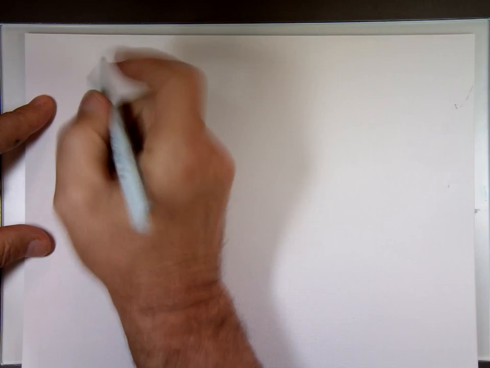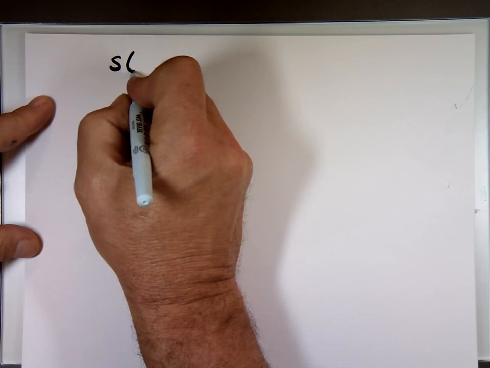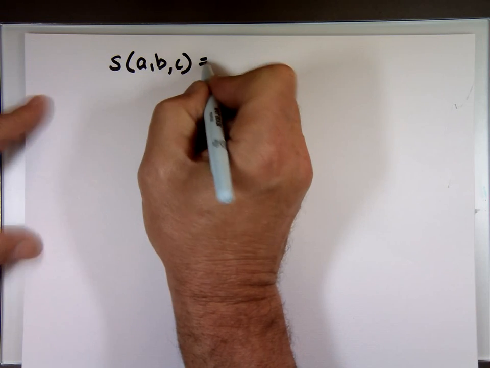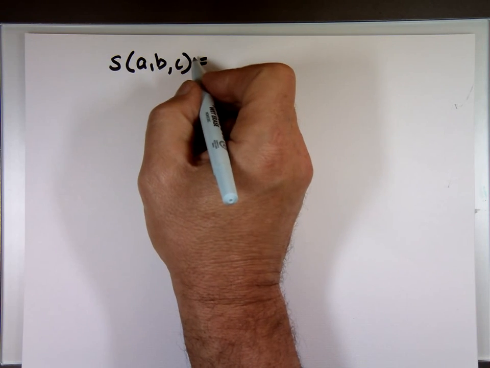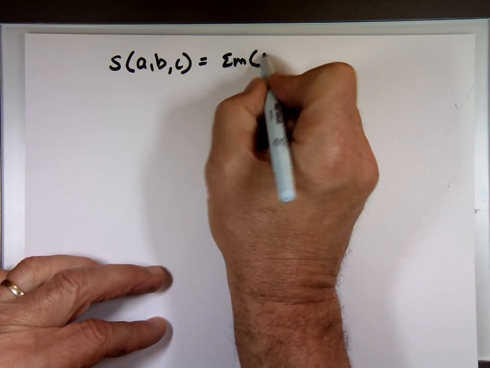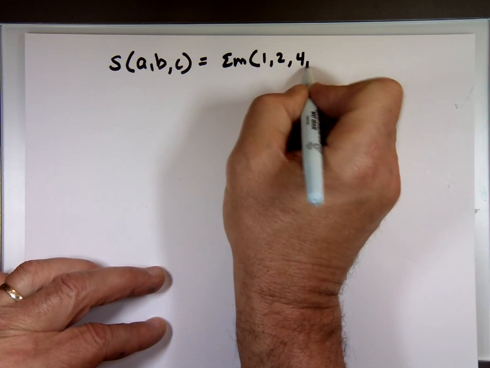So here we go. That problem, the sum of what? A, B, and C. What was it in that example? It is the summation 1, 2, 4, 7.